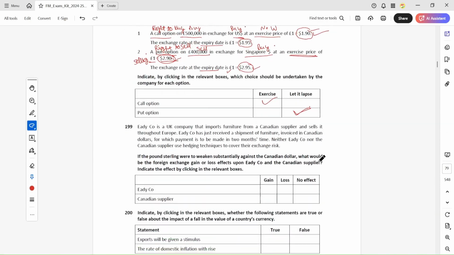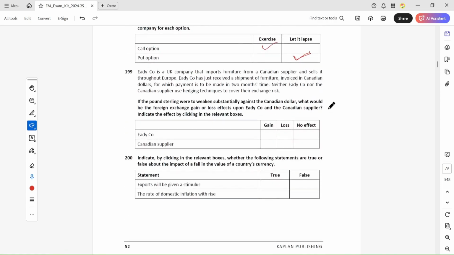Okay. Next is AD company. AD company is a UK company that imports furniture from a Canadian supplier and sells it throughout Europe.